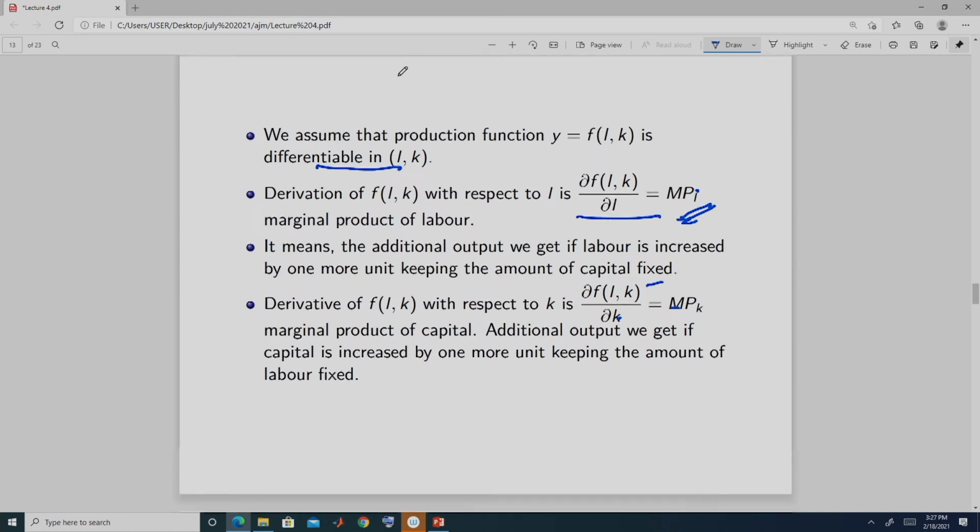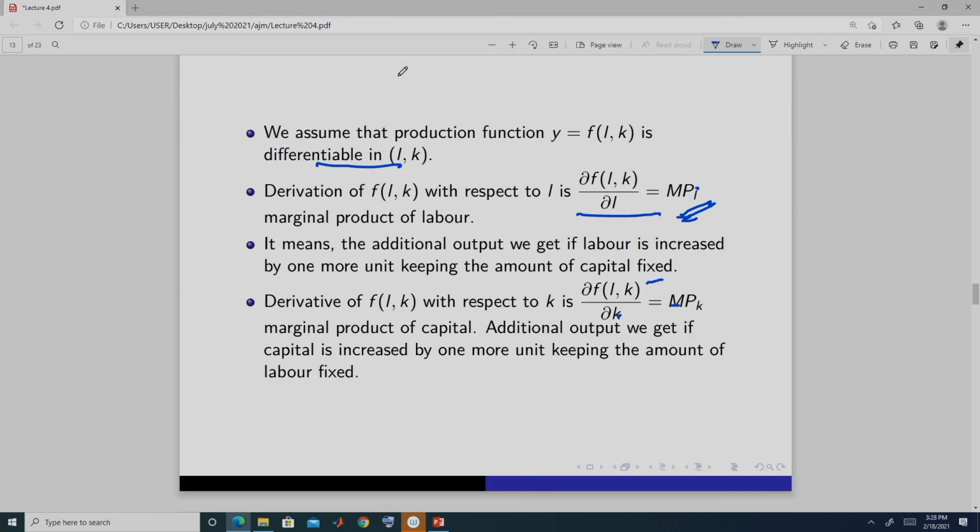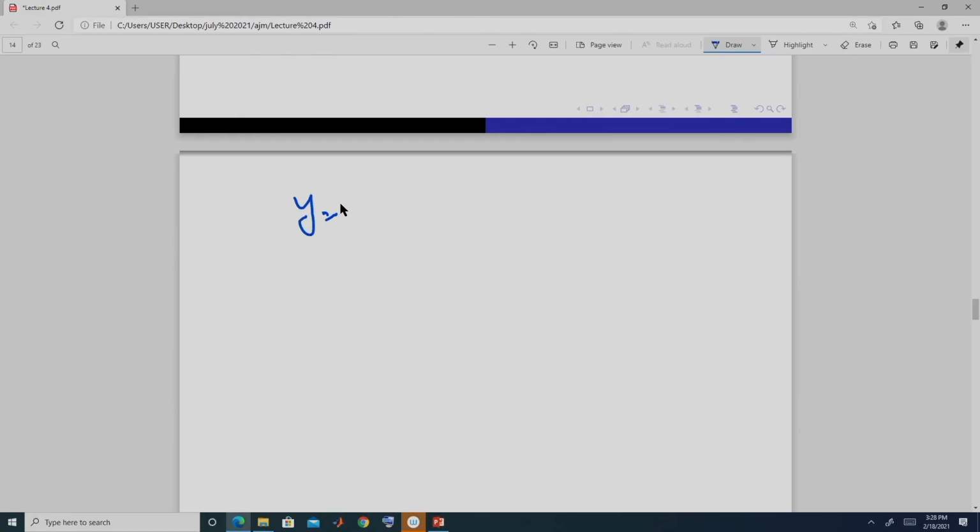It means that if we fix labor and increase capital, how much additional output we are going to get. So, at the margin, if we increase capital by one more unit, by how much is the output going to increase?